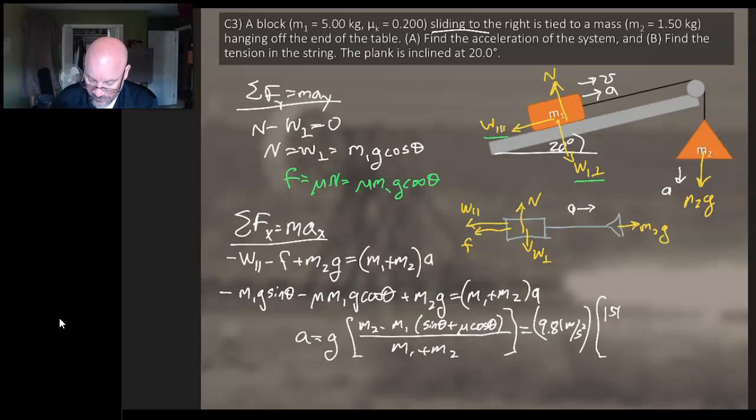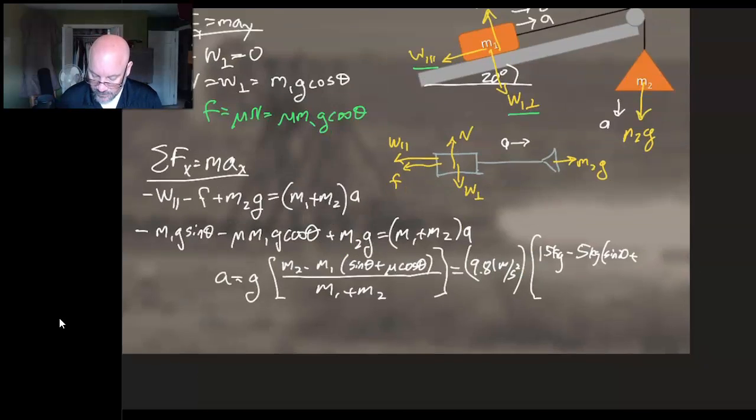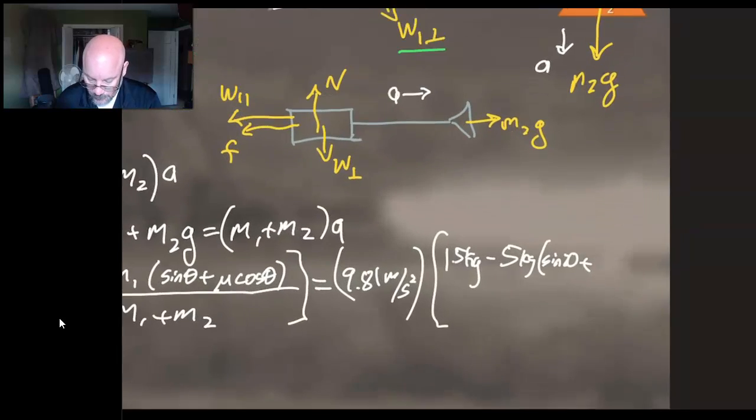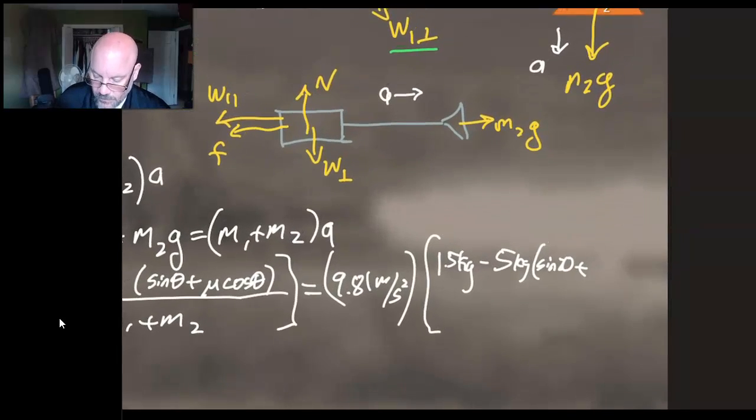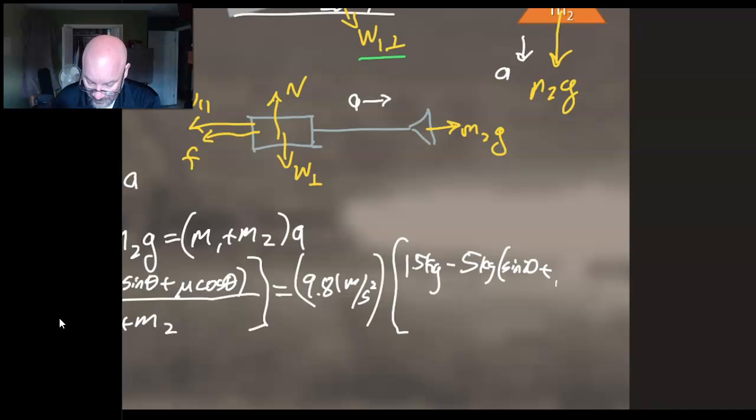M2 is 1.5 kilograms, minus 5 kilograms, times sine 20 plus mu cosine 20. All that's going to be over 1.5 kilograms plus 5 kilograms.